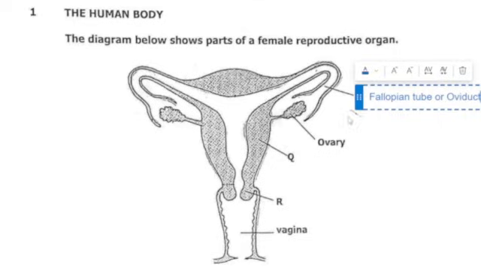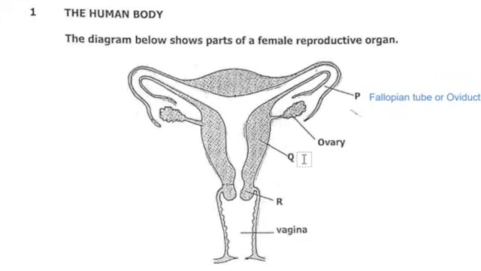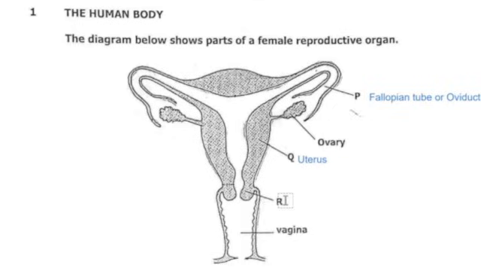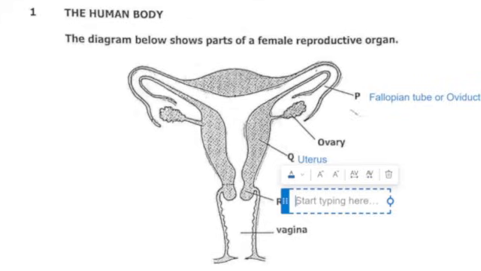So that is fallopian tube or oviduct. If someone says fallopian tube and the other one says oviduct, these two people are saying the same thing. We go to this one which is given here. This one, Q, is uterus. Okay, R, what is R? R is cervix.